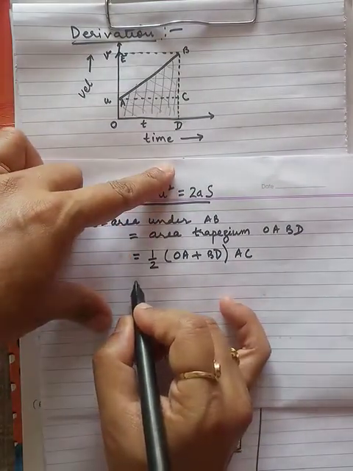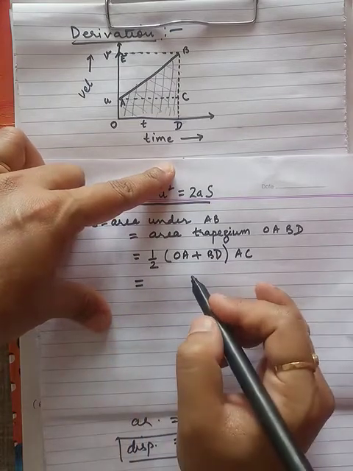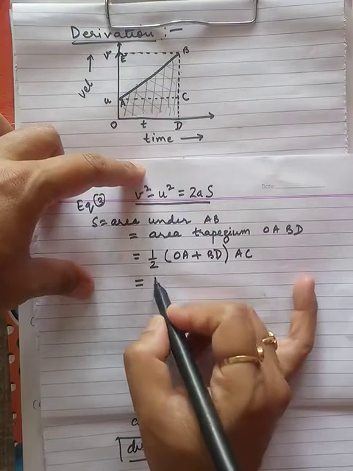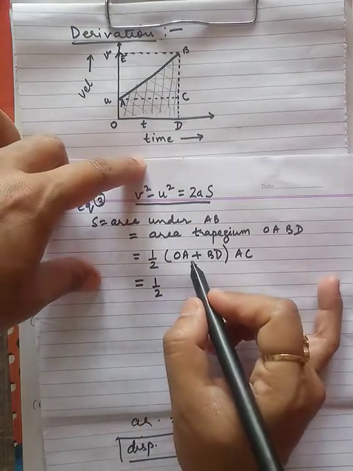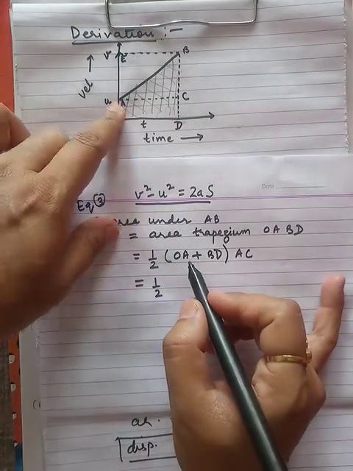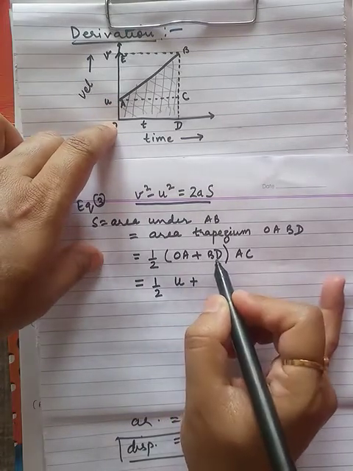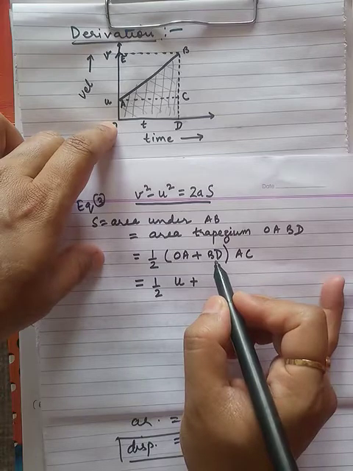So let us convert it into the variables that we need for the equations. Half sum of parallel sides: what is the value of OA? It is u. Plus what is the value of BD?